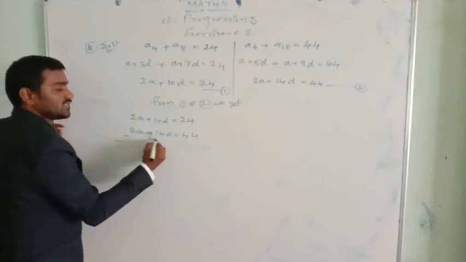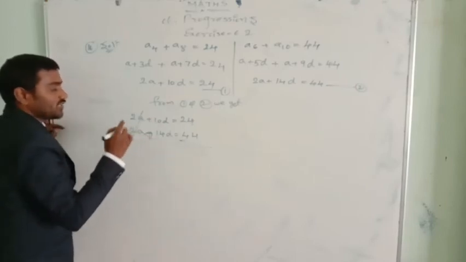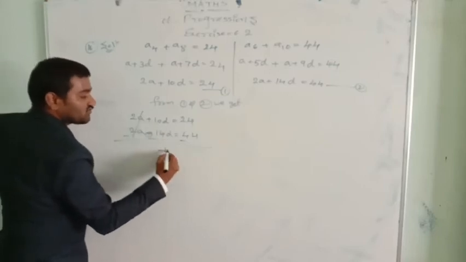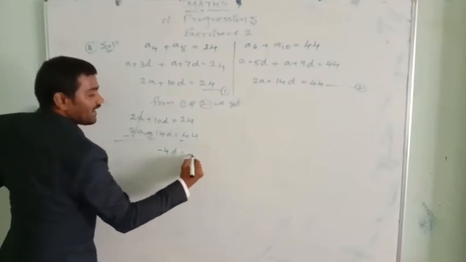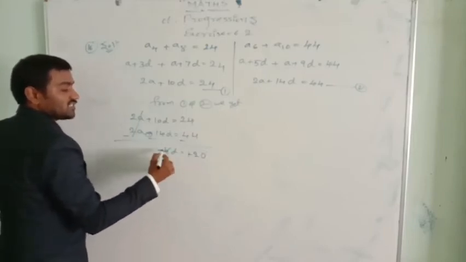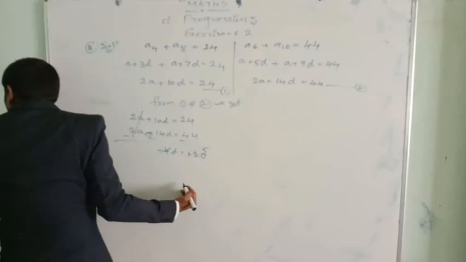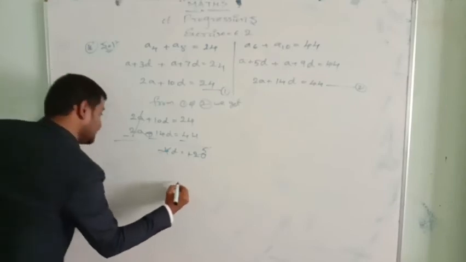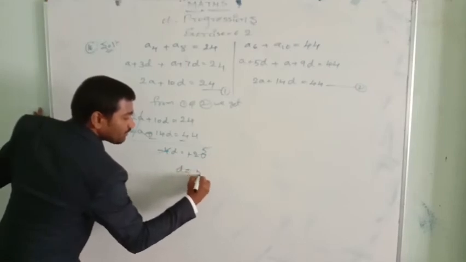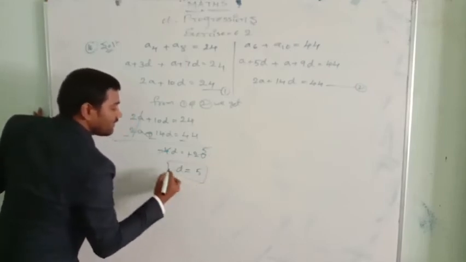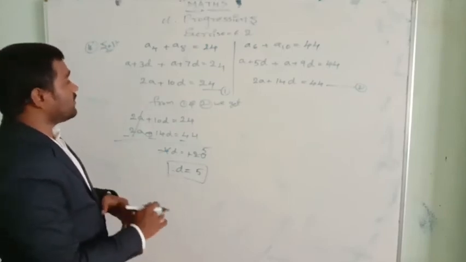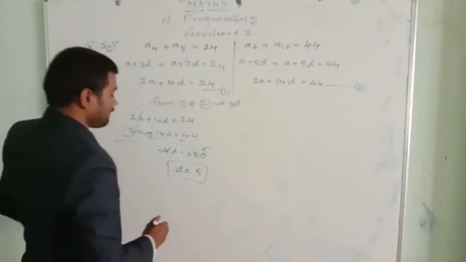Let us multiply this equation by minus, so that plus 2a and minus 2a get cancelled. 10 minus 14 is minus 4d, that equals 24 minus 44, minus 20. Here itself minus and minus get cancelled. 4 fives are 20, so d equals 5. We got d value is 5. Now let us substitute this d value in equation number 1.